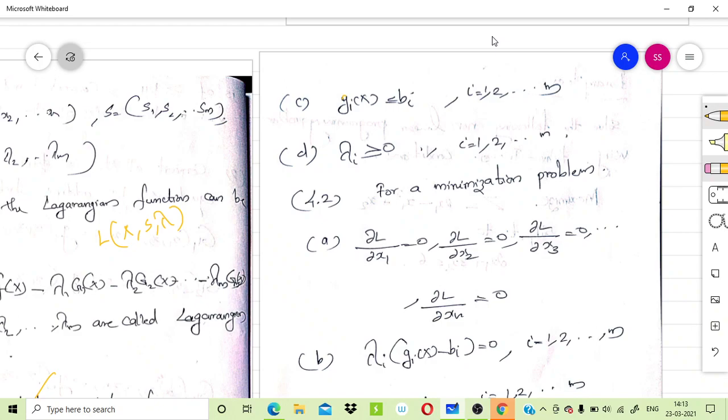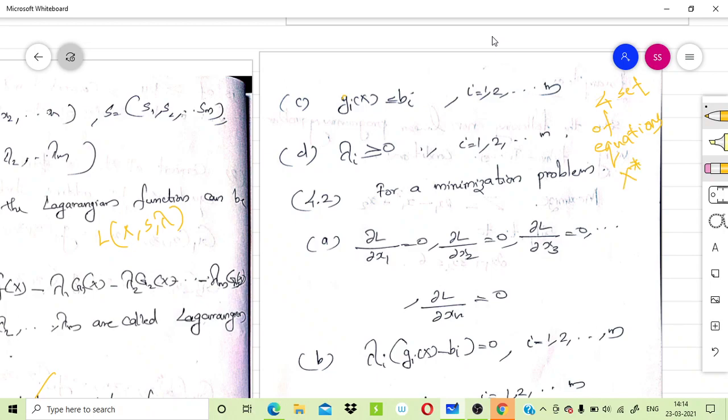Then lambda i, the Lagrangian multiplier, must be non-negative, that is, greater than or equal to 0, for i varying from 1 to m. That means you will get a, b, c and d, a set of equations. Then you solve that set of equations, and you will get the optimized solution x star.